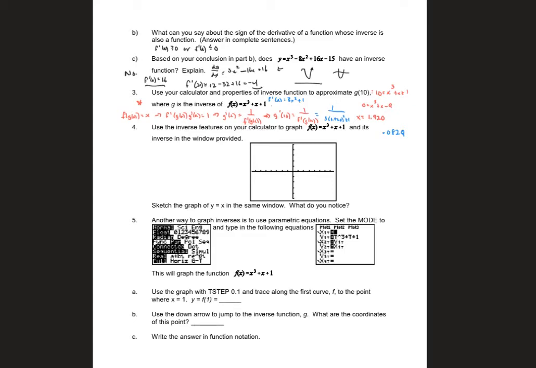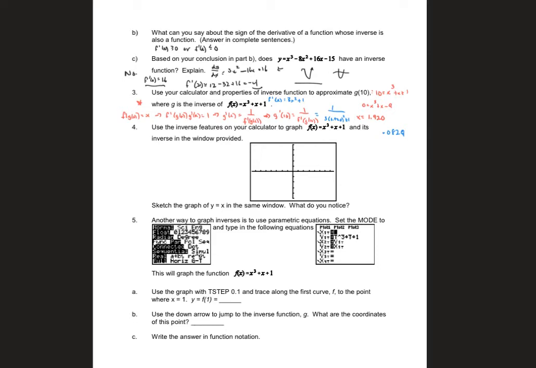Okay, so the next one's kind of interesting here. It asks us to use the inverse features on your calculator. I don't know if you're familiar with this. It's kind of a cool little thing. But first we're going to graph f of x equals x cubed plus x plus 1 and its inverse on this window.